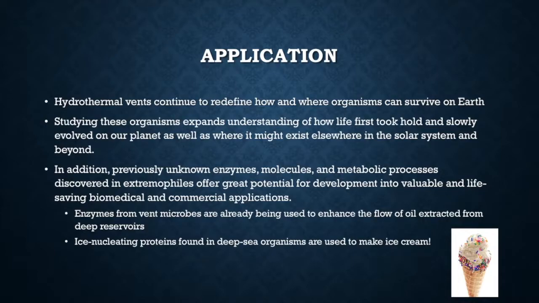Some of these include an enzyme from a vent microbe that has been used to enhance the flow of oil extraction from deep reservoirs. So I kind of found this as a plus minus. If you enhance the flow, there could be a lot less damage to the surrounding environment. It's a lot less invasive, much easier to obtain since oil is such a highly wanted material.